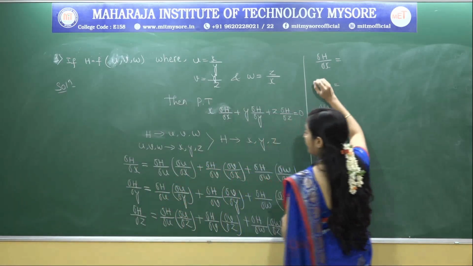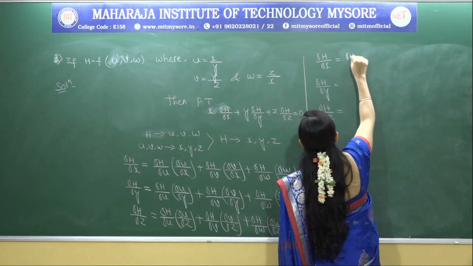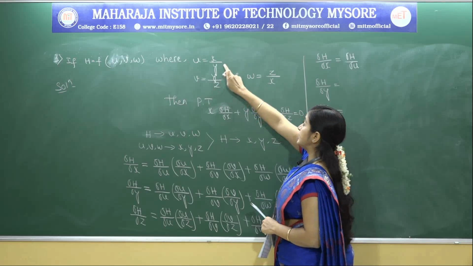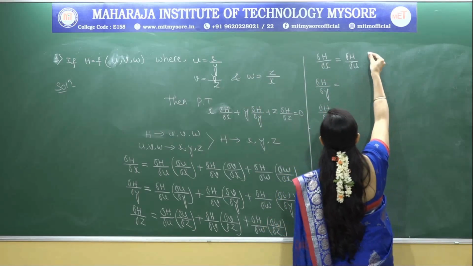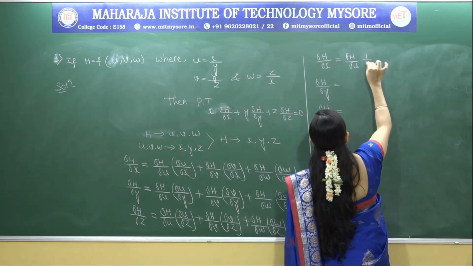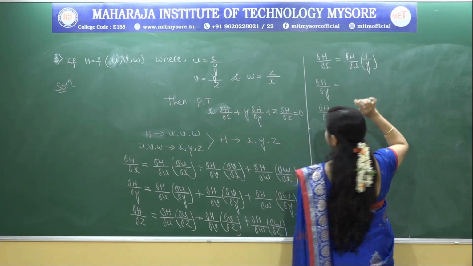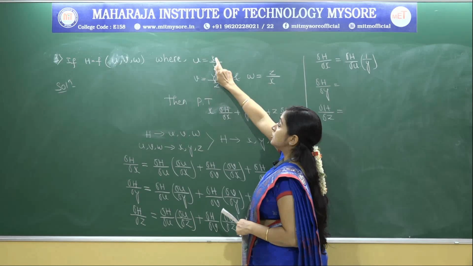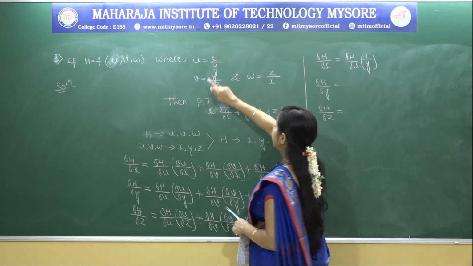So the first one, del H divided by del X, del H divided by del U. First you differentiate U with respect to X, keeping Y and Z constant. So you will get the 1 by Y. You keep the Y as it is, not equal to 0. You keep this Y part, so differentiation of X, you will get the 1.